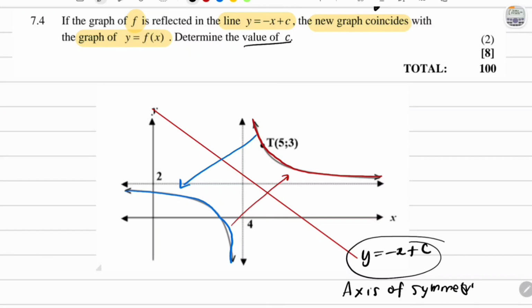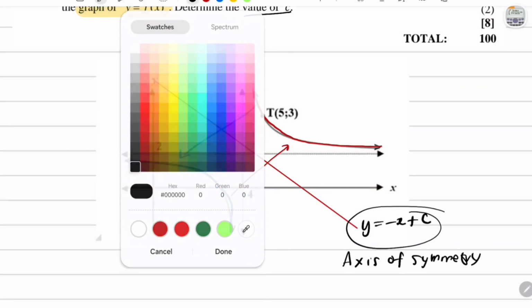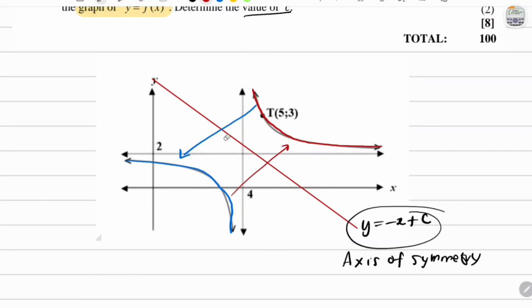That is the only way that is possible, and here's why I'm saying so. The axis of symmetry is the line that, if you draw it, you would notice that your graphs are perfectly identical to each other. They said that we reflected this across this line.